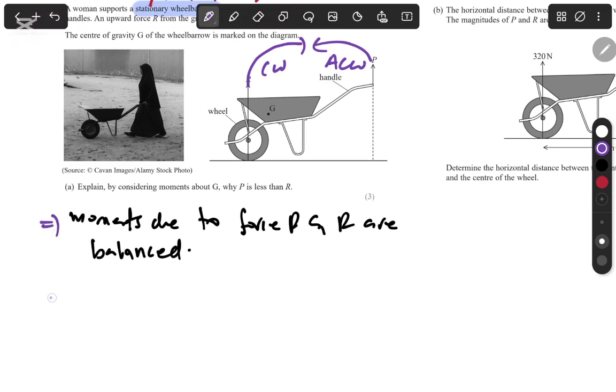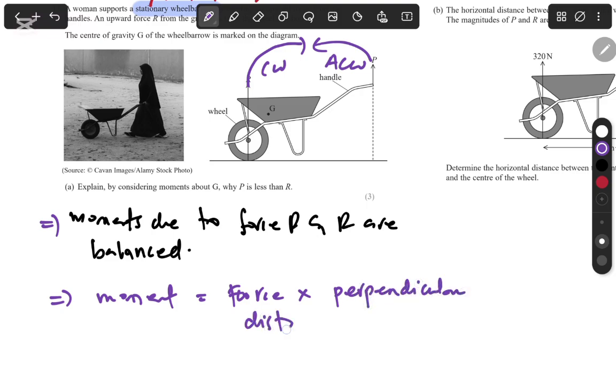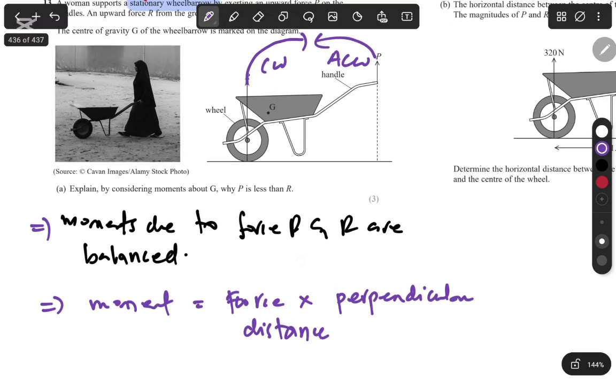Now we know that moment is equal to force times perpendicular distance. Now I'm going to explain it like this.